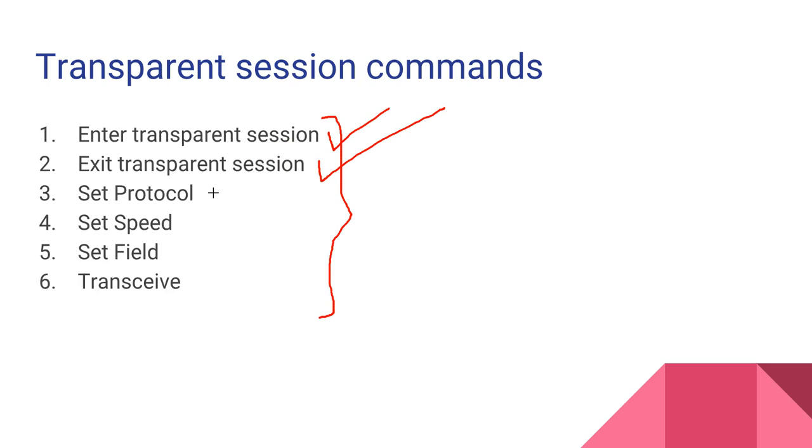There is a command to set the protocol. If you are working with different protocols like ISO type A, type B, or ISO 15693, you'll end up using this set protocol command. So I'll be using this command when I make videos on ISO 15693.